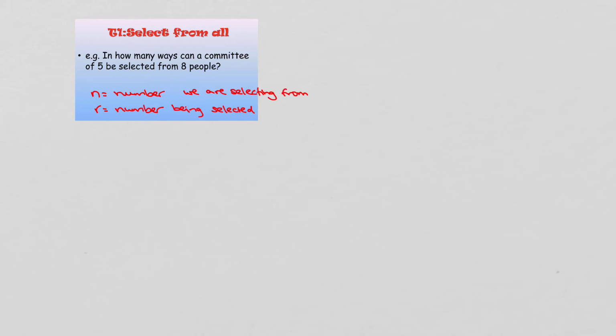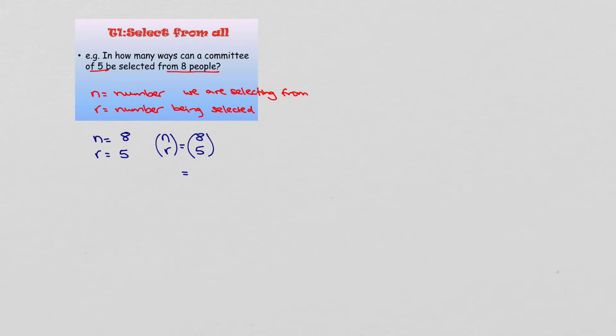n is the number that we're selecting from, the full group, and r is the number being selected. We are selecting from 8 people, and we have to select 5. So n is 8, and r is 5, because we're making a committee of 5. Therefore that's just 8 choose 5.